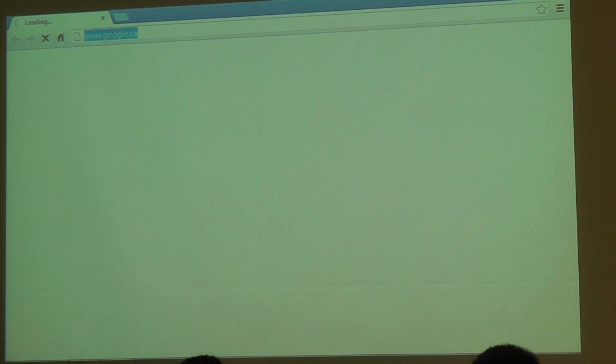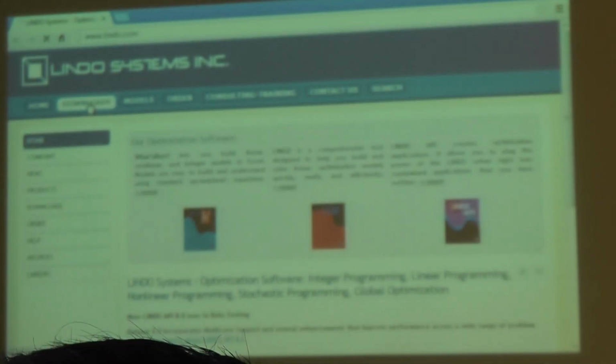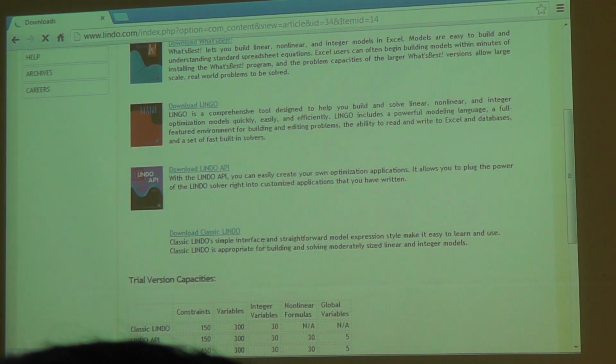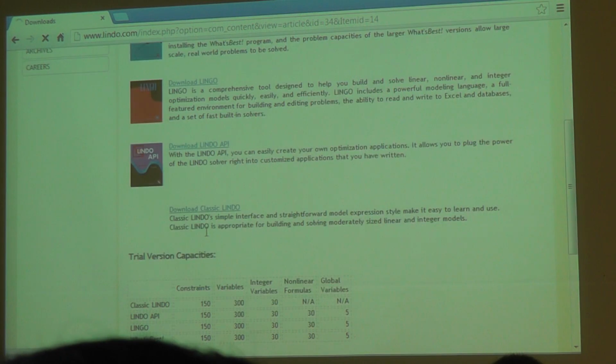To download it, you go to lindo.com. Click on downloads, and here you have download classic LINDO.